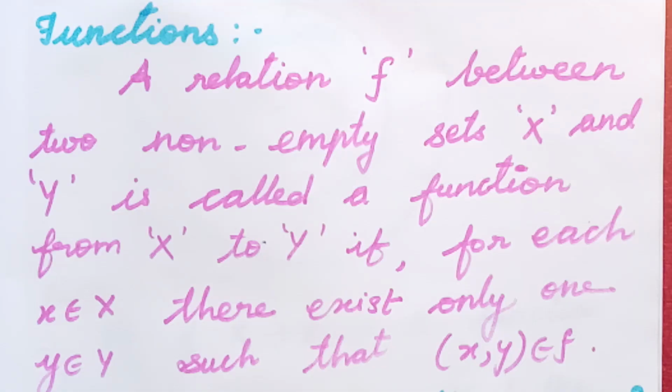Students, once again shall we recall about function? What is function? A relation f between two non-empty sets x and y is called a function from x to y if for each x belongs to x, there exists only one y belongs to y, such that (x, y) belongs to f.